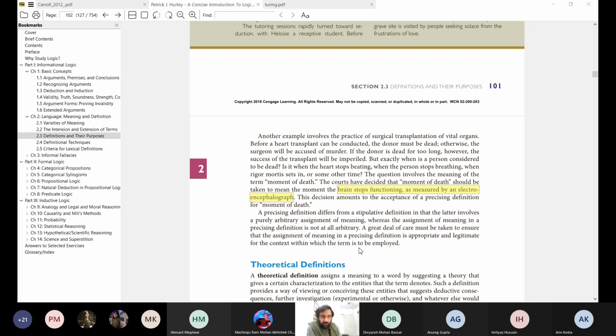Say, look, this is what I mean. Legal contexts, these technical contexts, are often cases where the ordinary meaning of a term is more vague, and then there's a very precise technical sense.